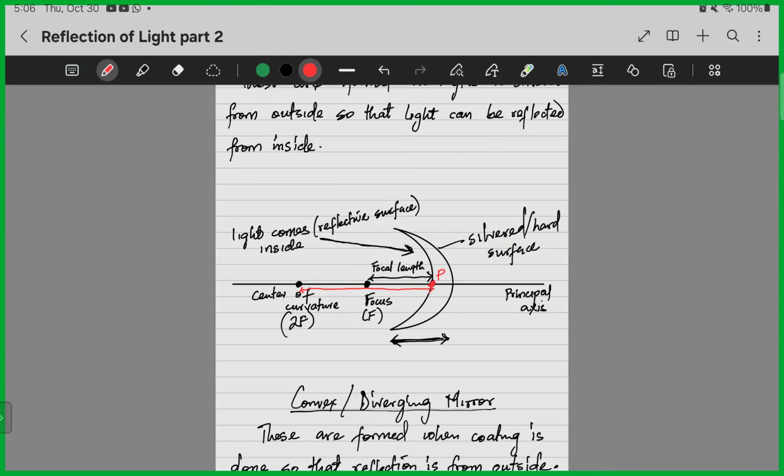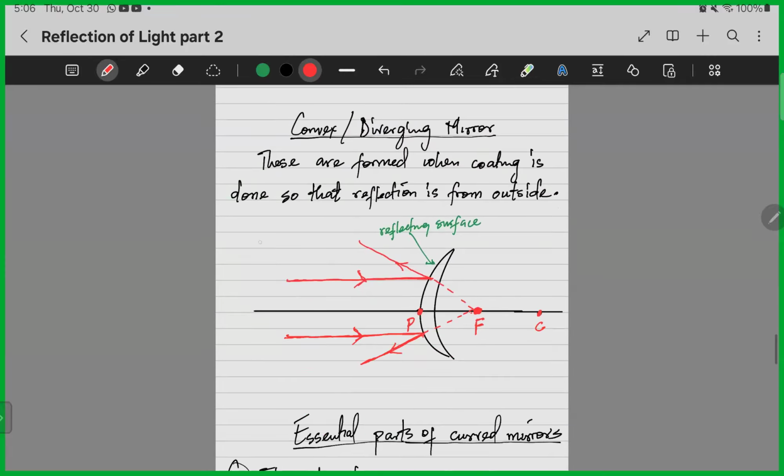You see that for a concave mirror, it's in the front. But for a convex mirror, this is the front portion, and this is the back. You see where the radius of curvature lies for a convex. It lies at the back.